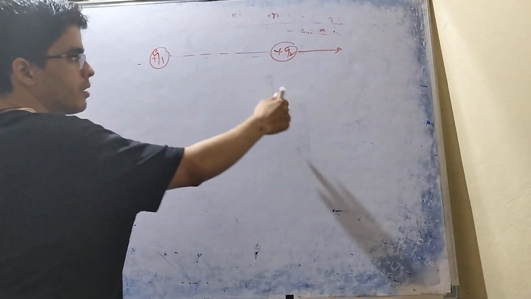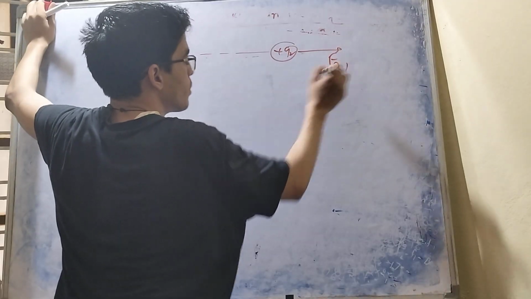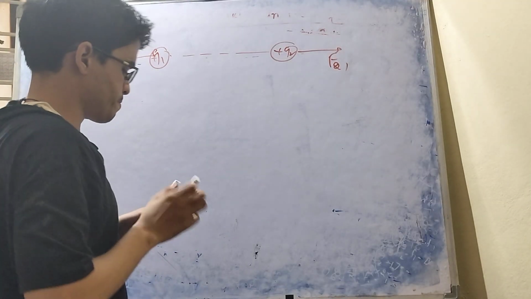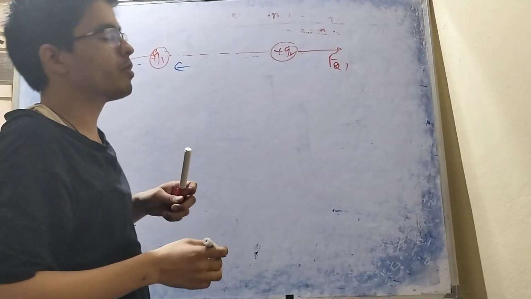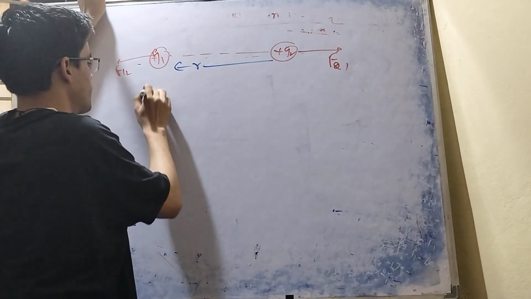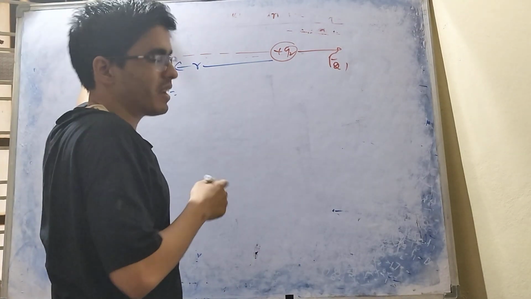Tell me, what is the force here, F12 or F21? Yes, F21. And here F12. Very good. I already calculated the value of F12. Now here I want to calculate F21. Same thing: first the magnitude of F21, next the direction of F21.